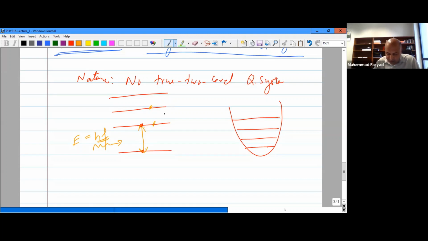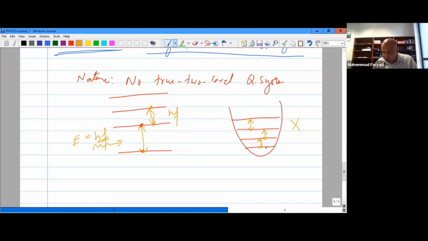Or we can have a quantum system that works with frequency f such that this hf is equal to this energy level, and so on. So if we restrict the frequency of operation, we essentially can work only within two levels. Of course, this means that this harmonic oscillator cannot be used as a quantum computer, because the energy gap between these two levels and the energy gap between these two levels is the same.